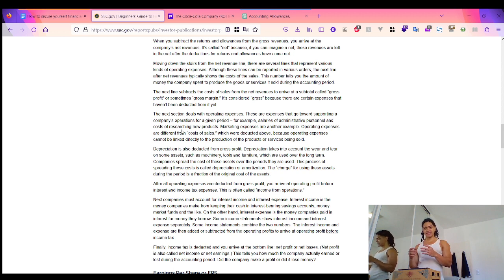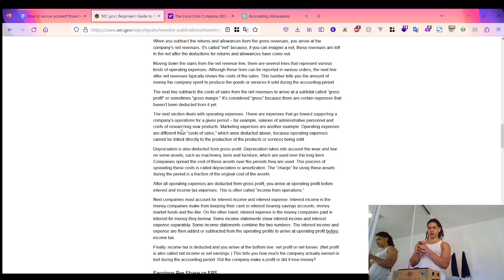such as salary of administrative personnel and cost of researching new products. Marketing expense is another example. And operating expense is different from cost of sales, which was deducted above, because operating expense cannot be linked directly to the production of product or service being sold.